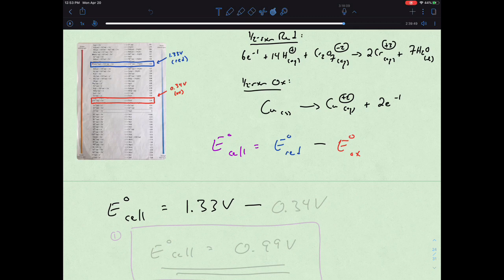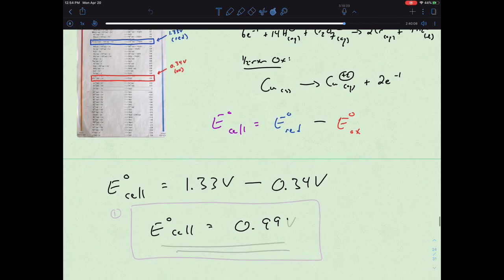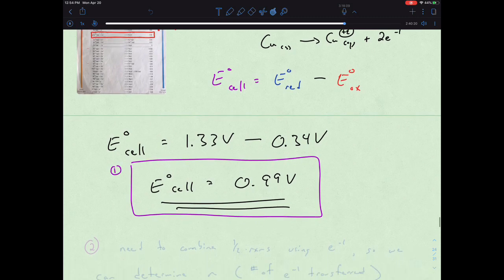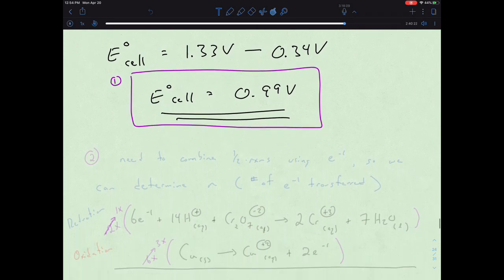Our oxidation then is minus that 0.34 volts. And we end up with a cell potential equal to 0.99 volts for this particular cell at standard state. So that is basically step 1. We've actually figured out the cell potential at standard state.